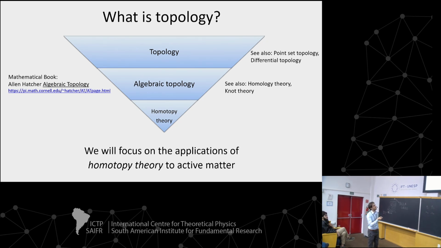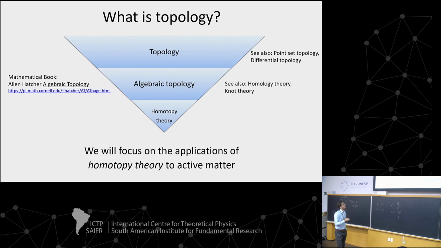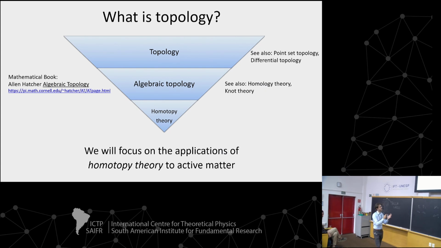It turns out that there's a particular study within topology called homotopy theory, which will be particularly useful to us. And homotopy theory tells you something about how you can define integer invariants in a theory, and I'll tell you a little bit more about the kind of integer invariants you can define.